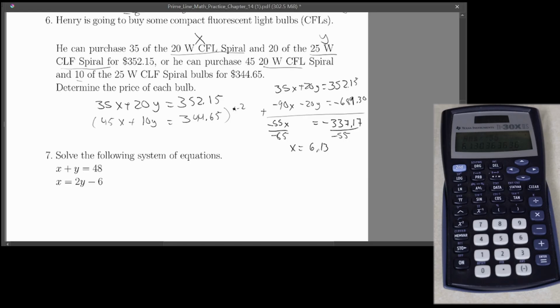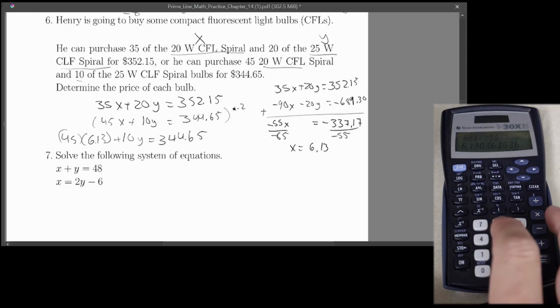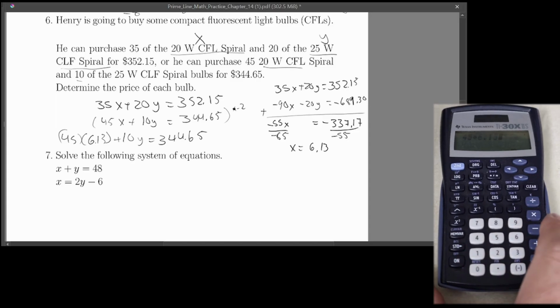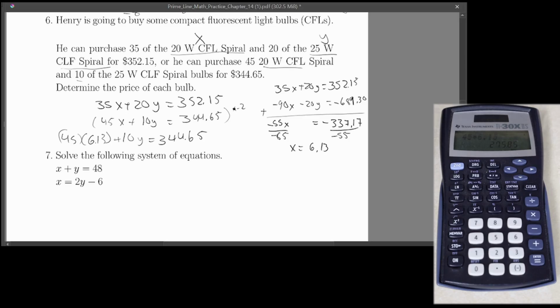And then we can just plug this in for our y value. So if we have 45 times 6.13 plus 10y equals 344.65, we can multiply these two numbers together. 45 times 6.13, and we get 275.85.